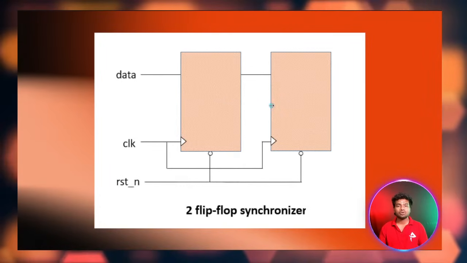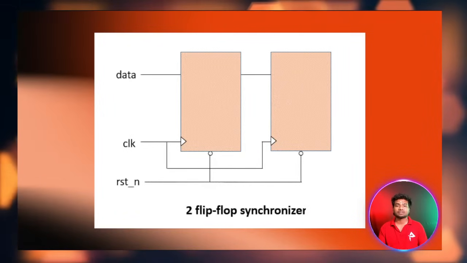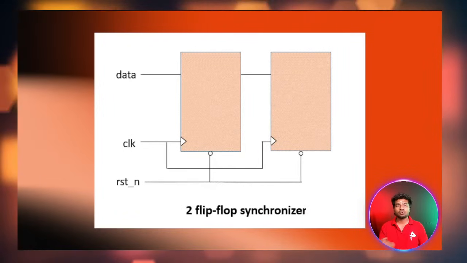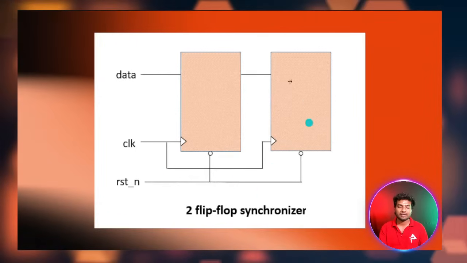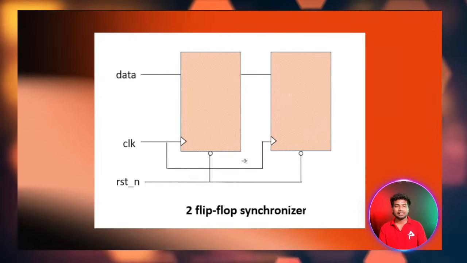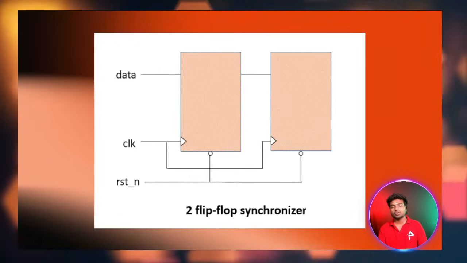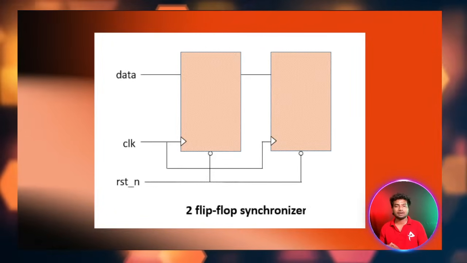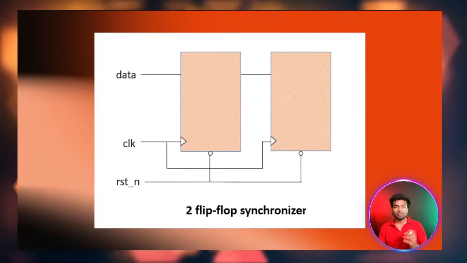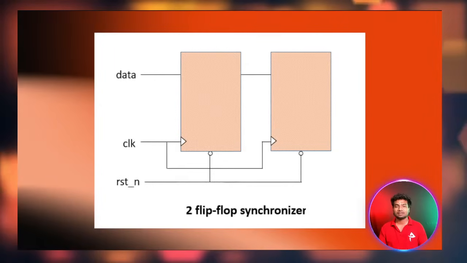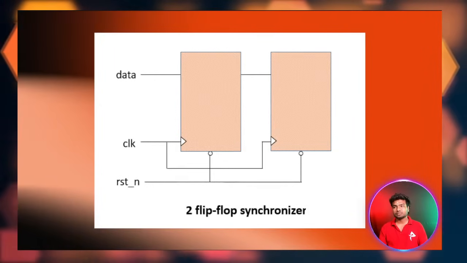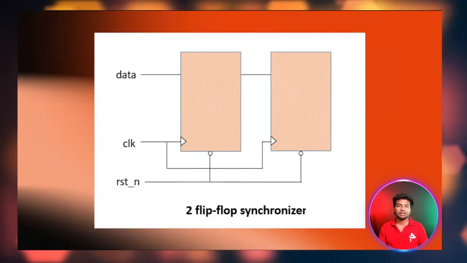While writing the code, you have to use 2 registers, 2 temporary registers, for this kind of technique. So here I am saying a 2 flip-flop synchronizer. How can you implement it in Verilog or SystemVerilog code? You have to use 2 registers. For example, I want to assign A equal 5.